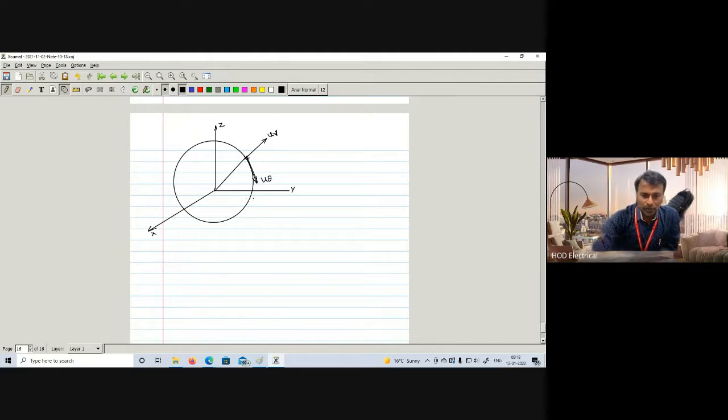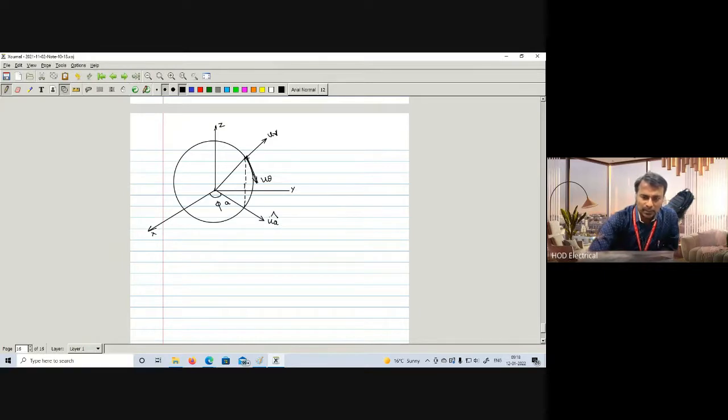If you draw this point's projection in the xy plane, this angle will be phi. Therefore, the unit vector along this direction, where we already know the distance is a, will be u_a cap.